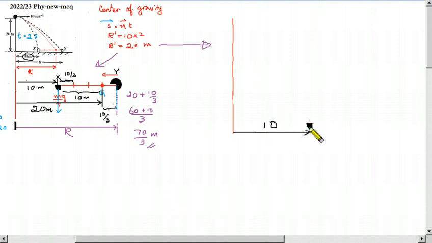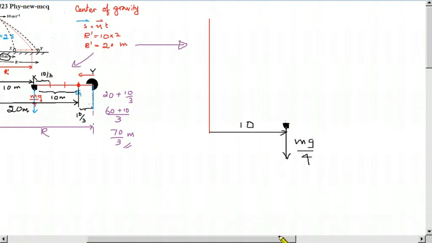What is the force downwards? Force downwards is mg divided by 4, because the mass is a quarter. M divided by 4 times g.